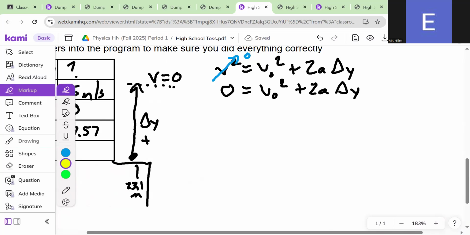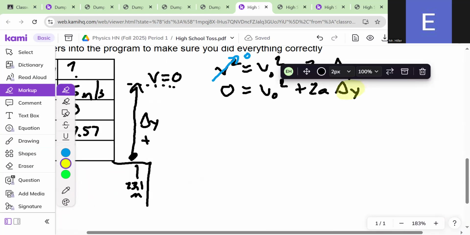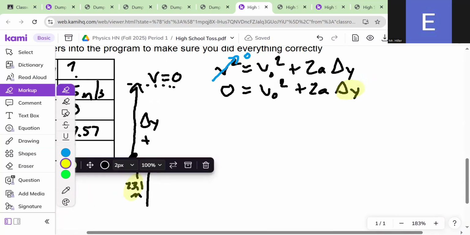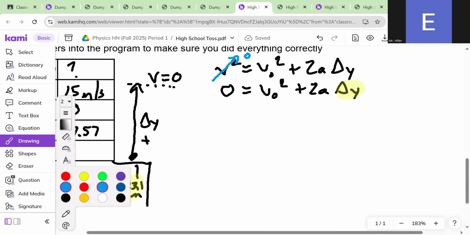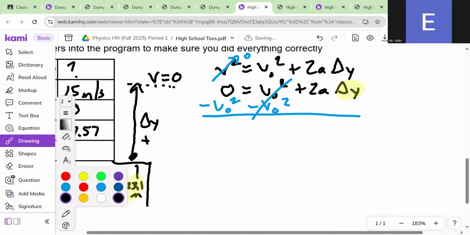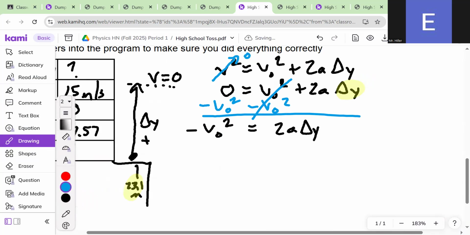Remember, we are solving for delta y so that we can add it to the height of your building. So I need to get rid of v naught squared first, so I'll subtract v naught squared to the left. When I rewrite this, I get negative v naught squared equals 2a delta y. My last step would be to divide by 2a.